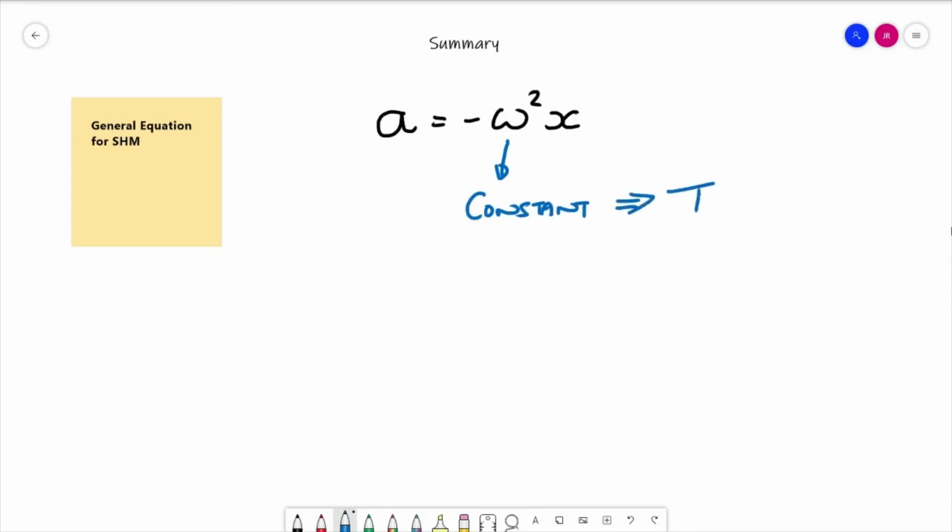So just to summarise this video then, the main crux of the video was to derive the general equation for SHM, which is a is equal to minus omega squared multiplied by x. And in this equation, omega squared is considered to be a constant, which implies that the time period of an SHM system is also a constant.